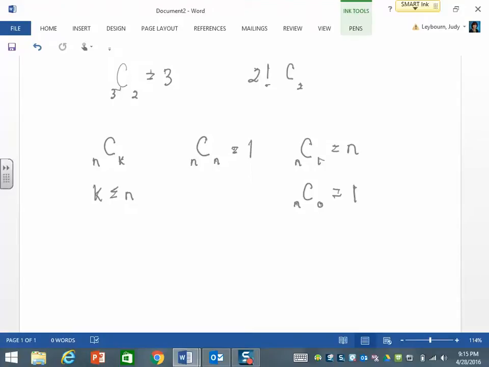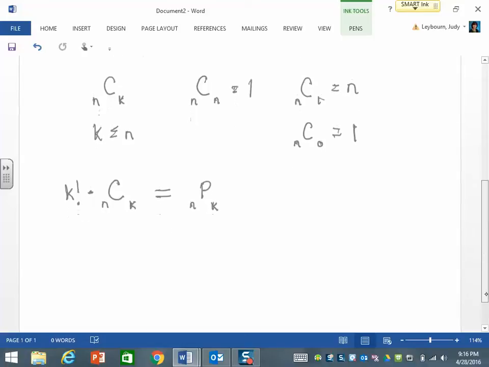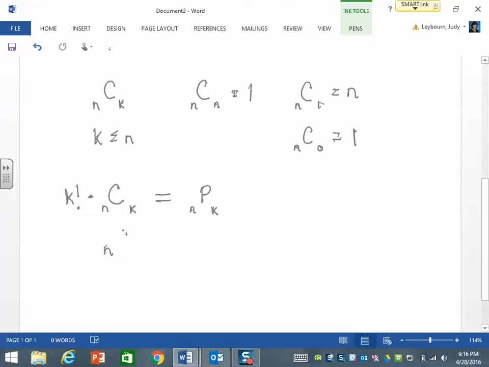If I have the number of combinations of n objects, and I'm choosing k of them, or n choose k, it is equal to the number of permutations of those n objects choosing k, divided by k factorial.